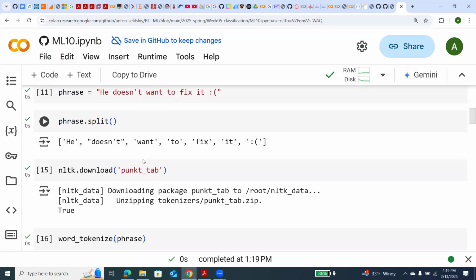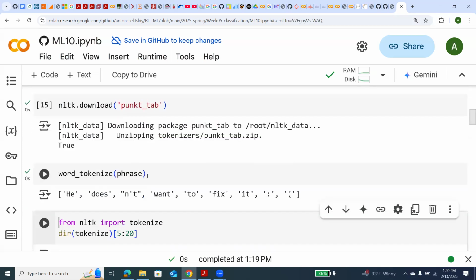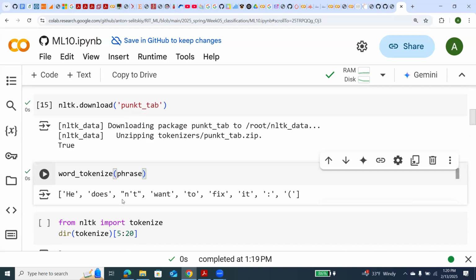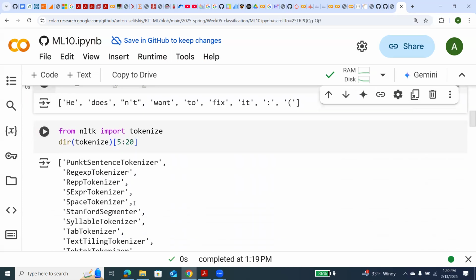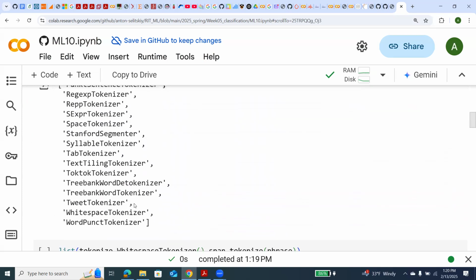Yeah, so it looks like they changed a little bit the name of the tokenizer. So if we tokenize with this punctuation tokenizer, you can see that it split the verb and negation separately. There are much more tokenizers.